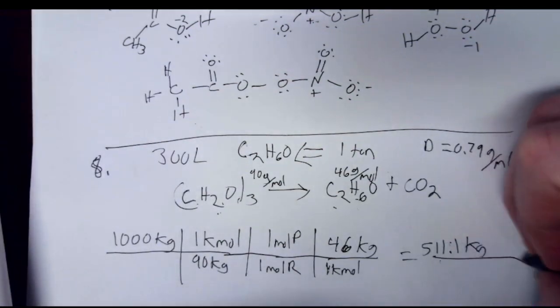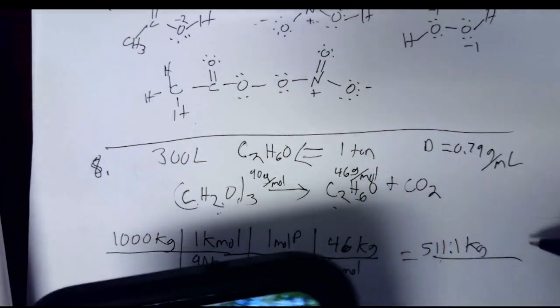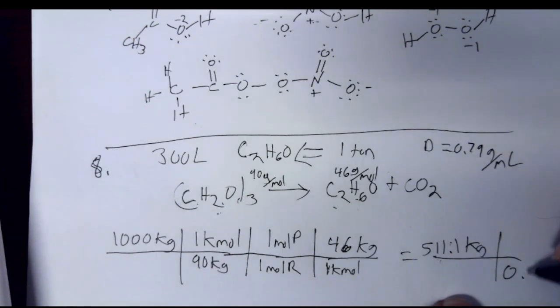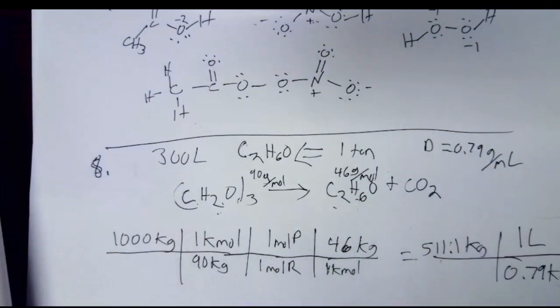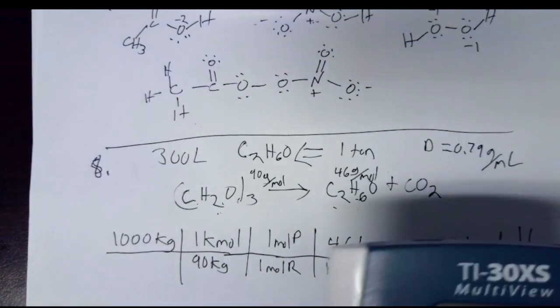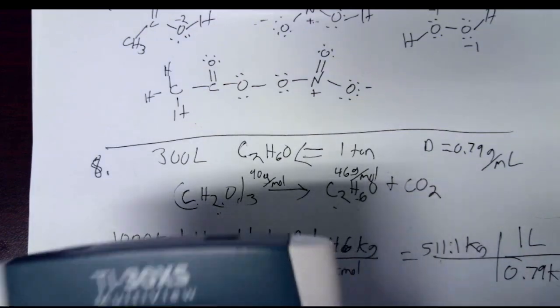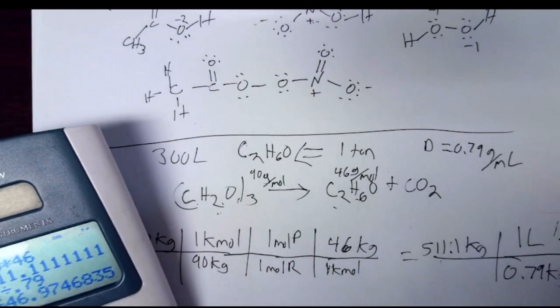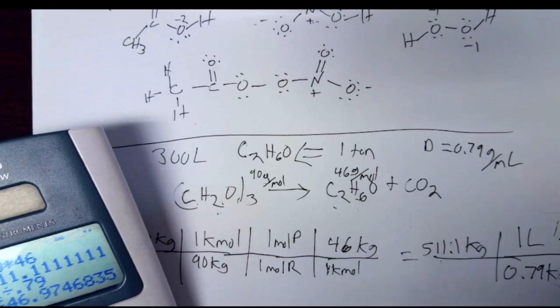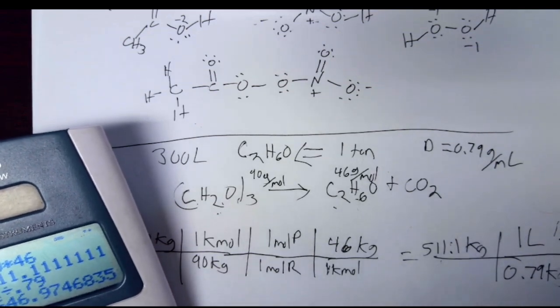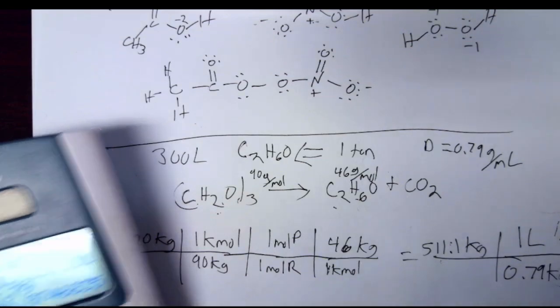If the density is 0.79 grams per milliliter, that means there'd be 0.79 kilograms per 1 liter. So dividing 511.11 by 0.79, this would produce, hypothetically, 646.97, which we're going to round to 647 liters.